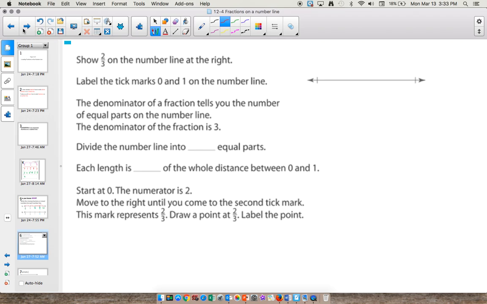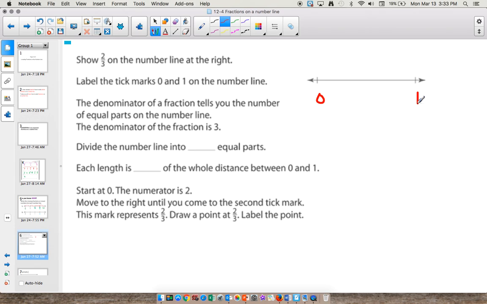Next, it says, show 2/3 on the number line at the right. Label the tick marks 0 and 1 on the number line. Okay, so this is 0, obviously. 0 thirds, because 3 is my denominator. So, I have to divide this into thirds. This doesn't mean that I have 3 tick marks, okay?